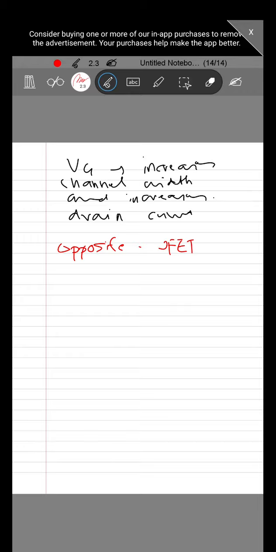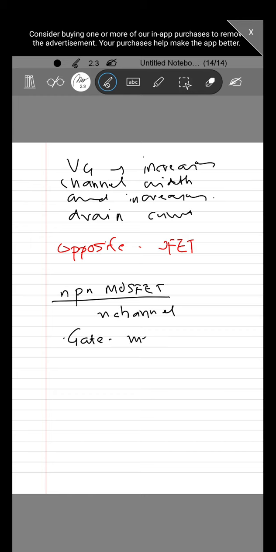So coming to the making of a Mosfet, as we have previously said, an NPN Mosfet is basically the creation of an n channel, and the gate is basically a metal.